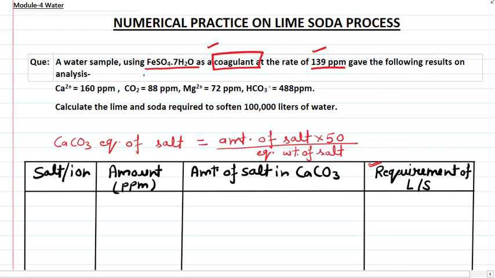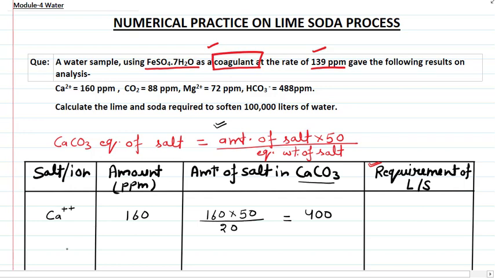So the first salt which is given is calcium ion, Ca2+. The amount is 160. By placing this 160 into the respective formula, we can convert this amount into calcium carbonate equivalent. So we write 160 multiplied by 50 divided by the equivalent weight of calcium ion, which is 20, and we get 400.